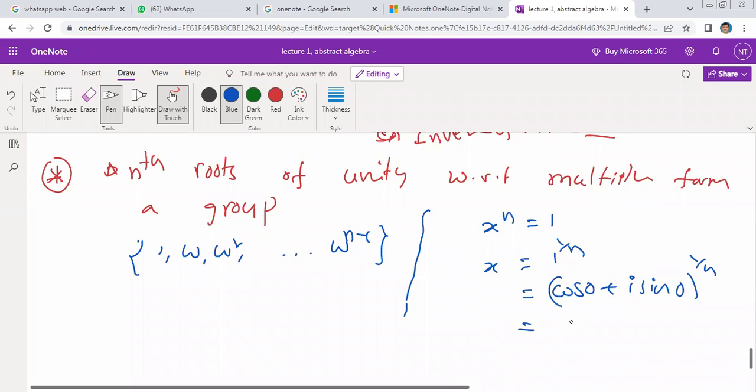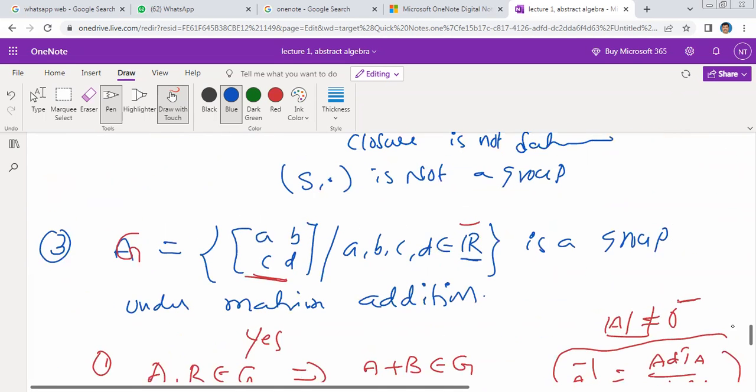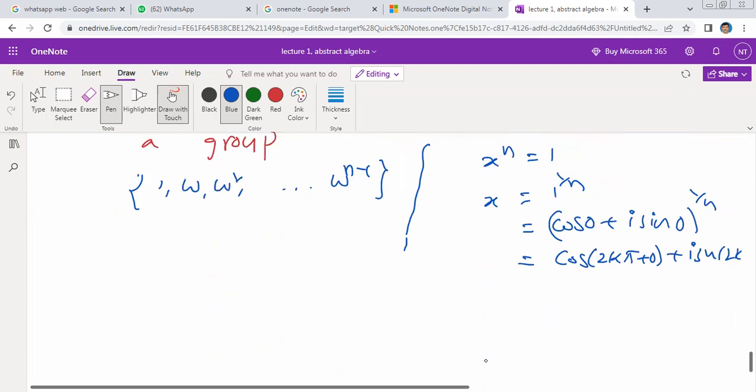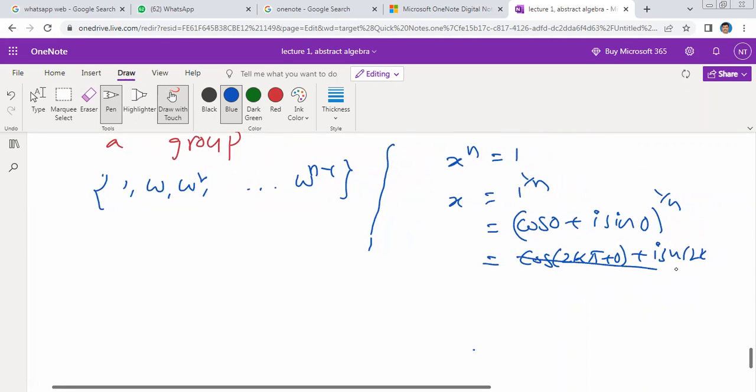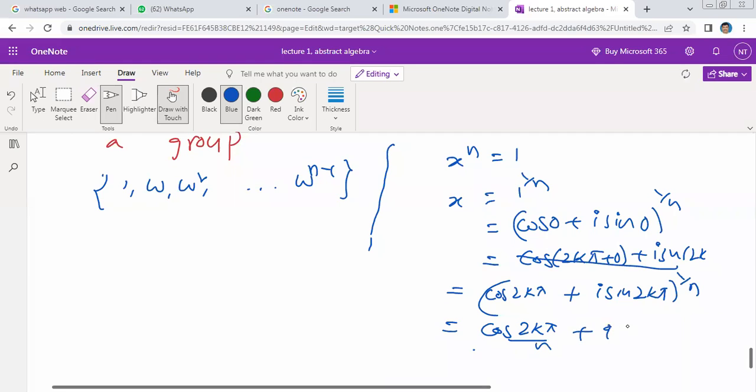Then by complex numbers I can also write it as cos of 2k pi plus 0 plus I sin of 2k pi plus 0, by principal values, whole to the power of 1 by n. By De Moivre's theorem, cos 2k pi by n plus I sin 2k pi by n.